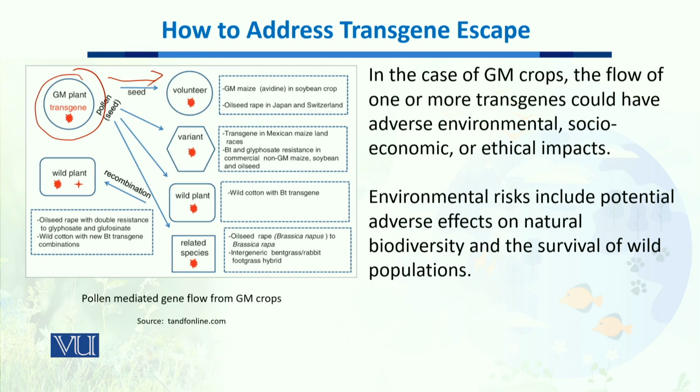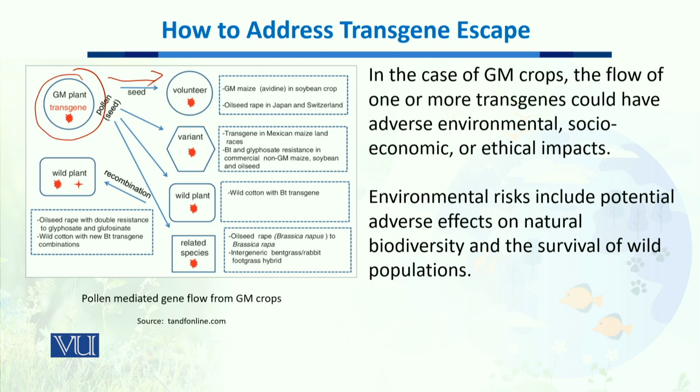Now, similarly, the variants of these GM plants can also have the ability to initiate the transgene escape. And similarly, the wild plant can also take the pollen or seeds of these genetically modified plants.